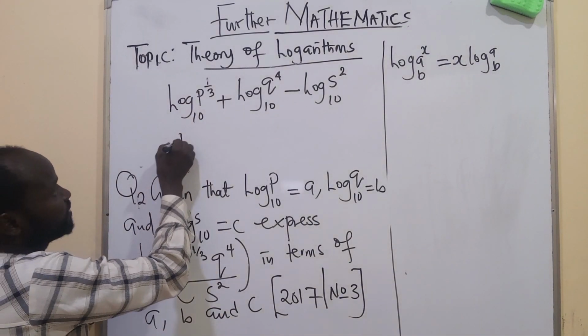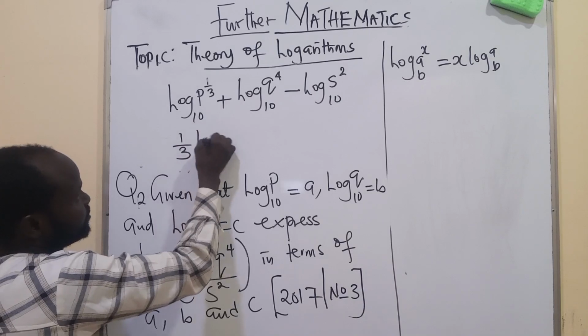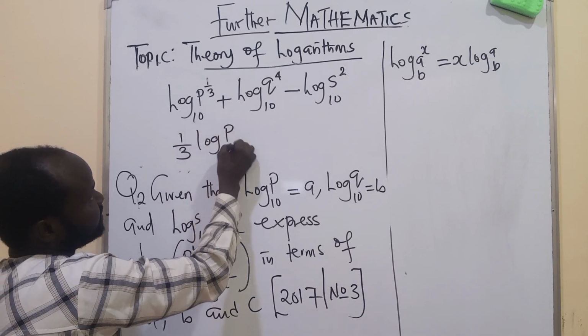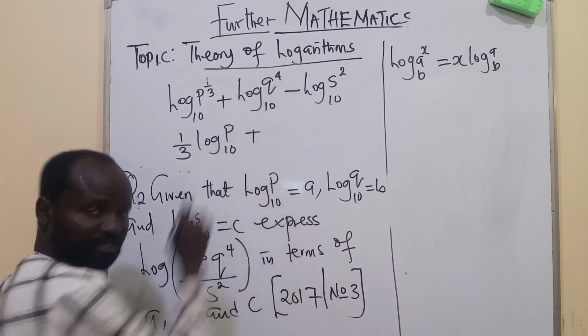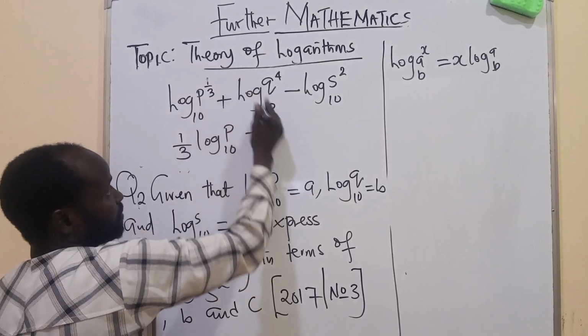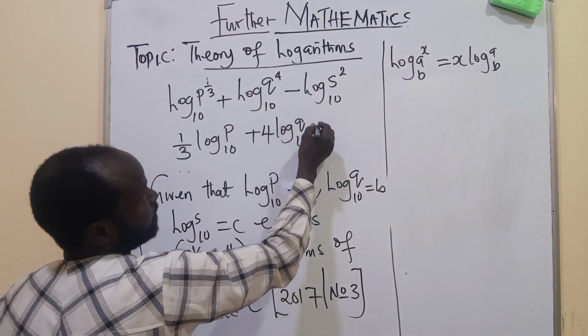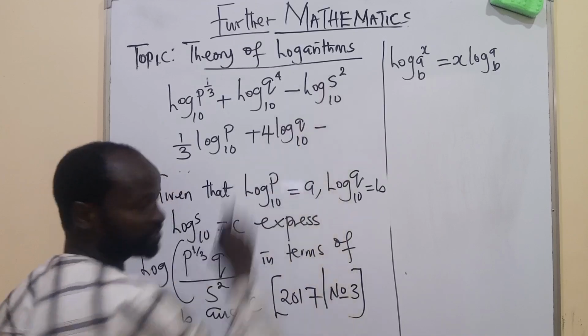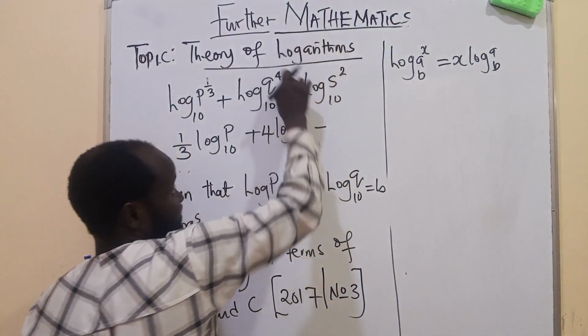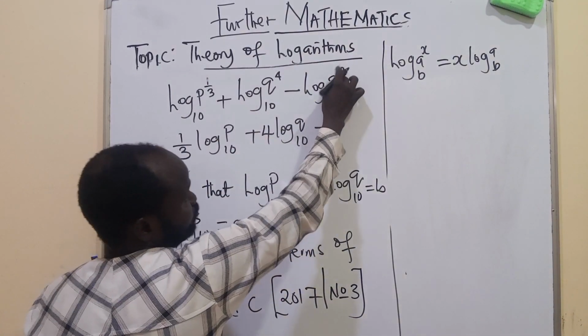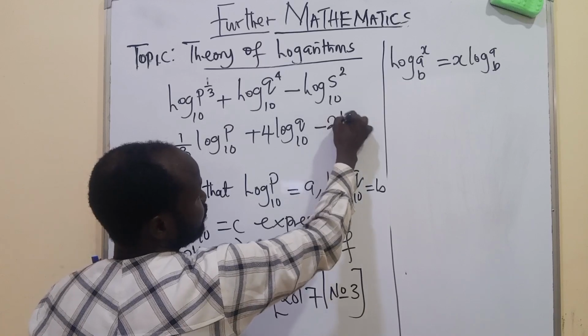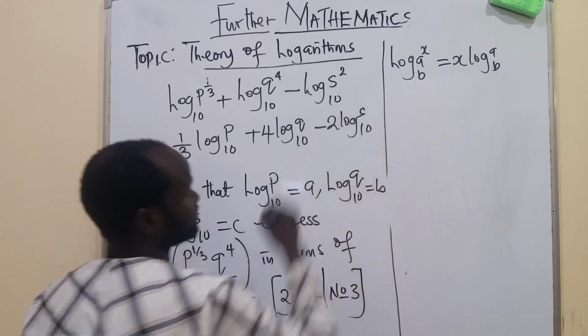So I'll have 1 divided by 3. This will be log p to base 10 plus the same thing here. I'll bring this 4 backward. That will be 4 log q to base 10 minus the same thing here. I will bring this power 2 backward, that will be 2 log s to base 10.